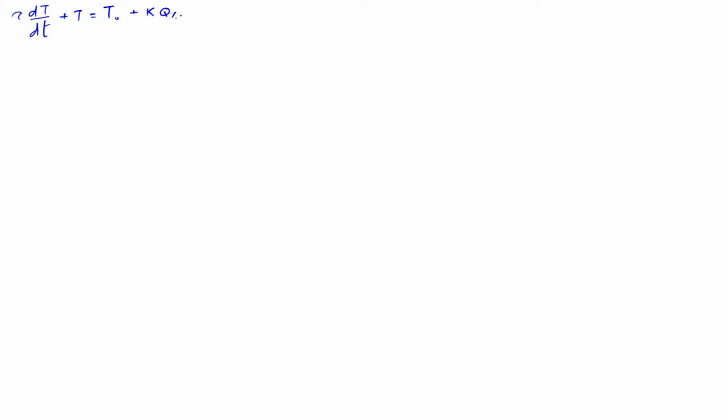And if I put for Q% the PI controller, then what we get is K times Q% is Kc times T set point minus T. By the way, T set point is actually not T set point but deviation from initial value, and T is also deviation from initial value.